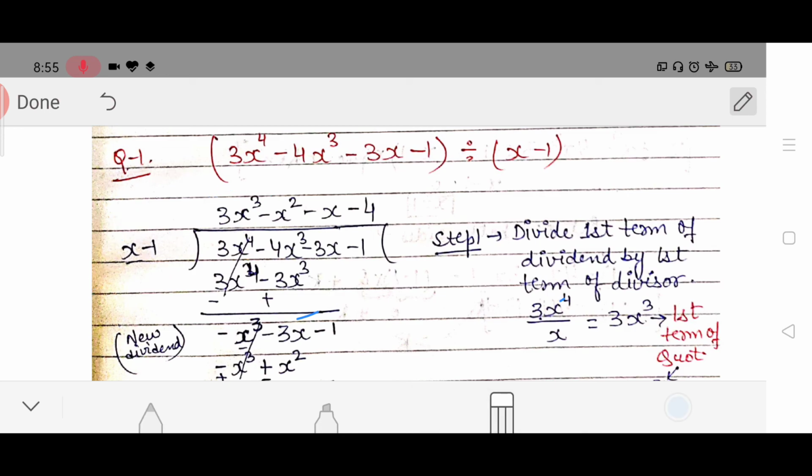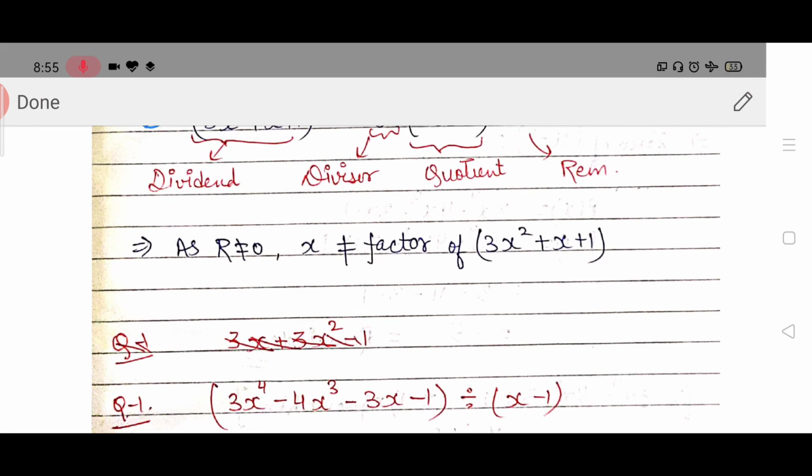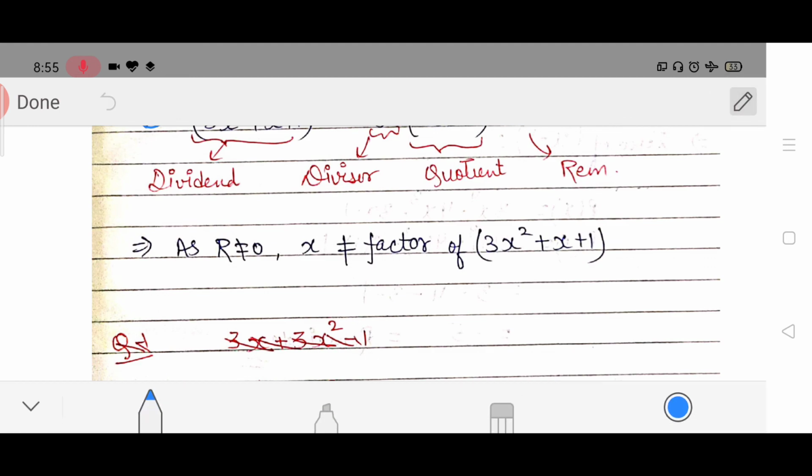So go through this question again and again until you understand it, and if you still have any doubt, you can ask me. I will give you a question on division for your practice. You just note it down. I'm giving you homework here.